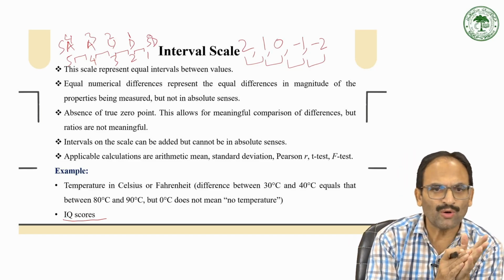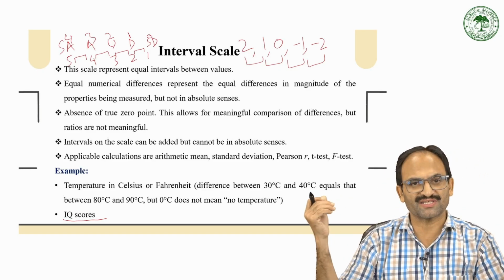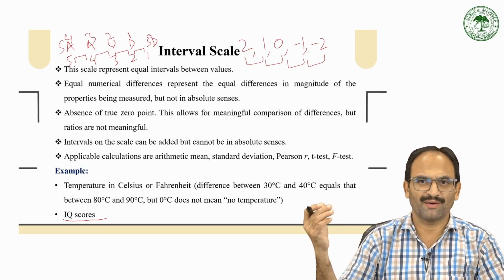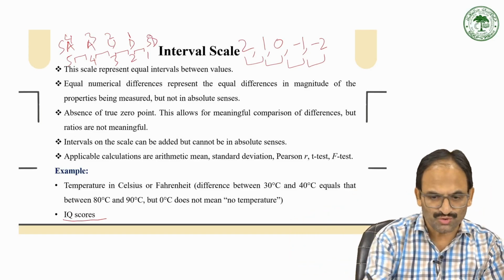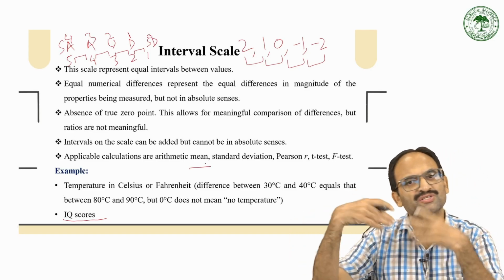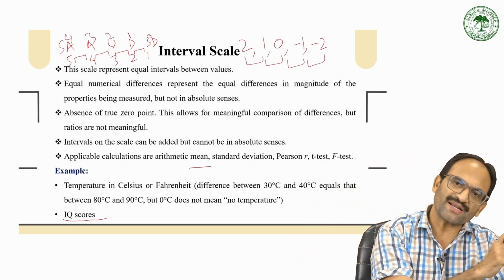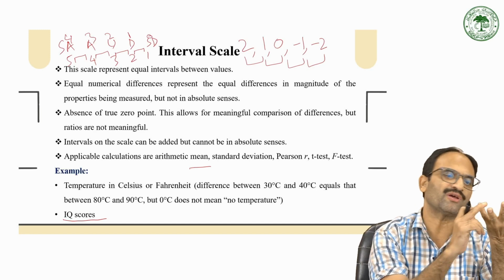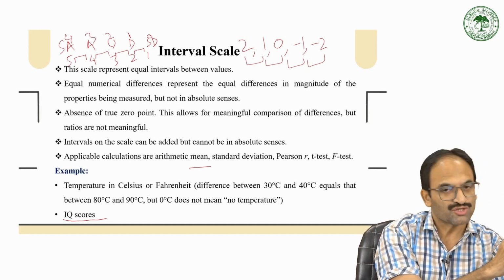And if you talk about which calculations are very suitable for interval scale, I have mentioned that if you have collected the data on the interval scale, you use the mean. In the previous two cases, when you have collected the data on nominal scale, it is better to use mode. The moment you have ordinal level data, use median.